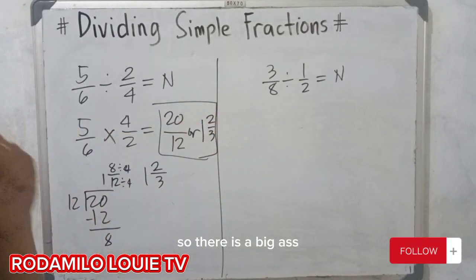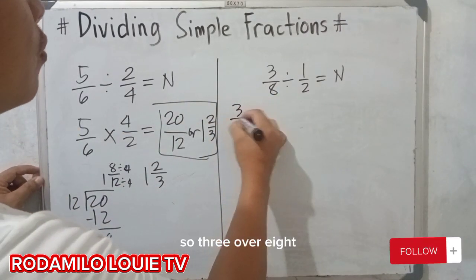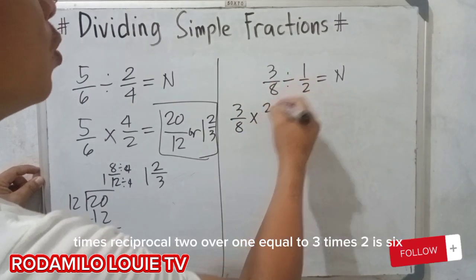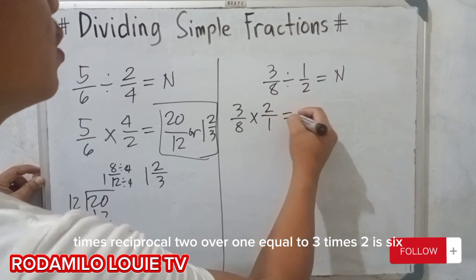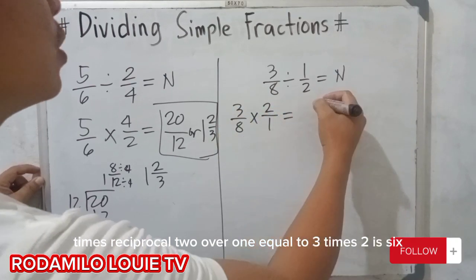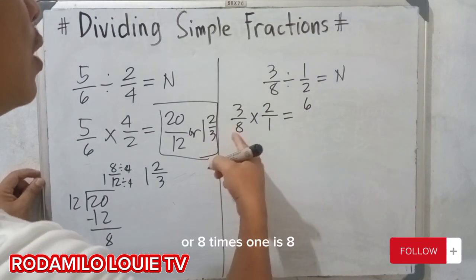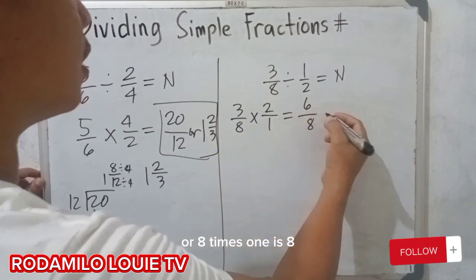So dito sa pikas, so 3 over 8 times reciprocal 2 over 1 is equal to 3 times 2 is 6. O 8 times 1 is 8.